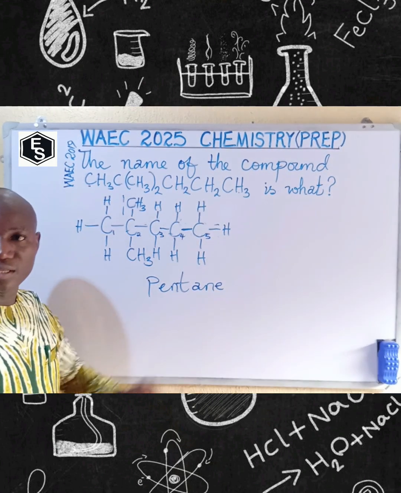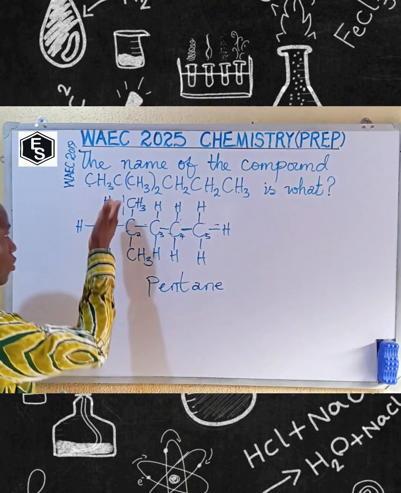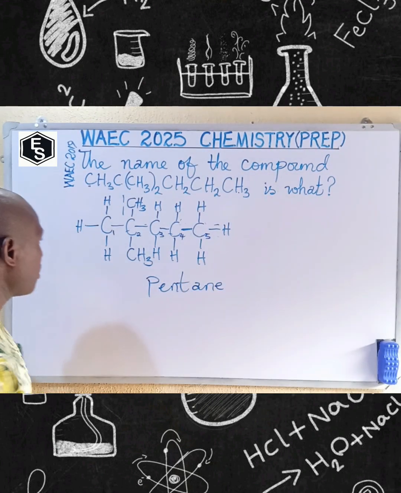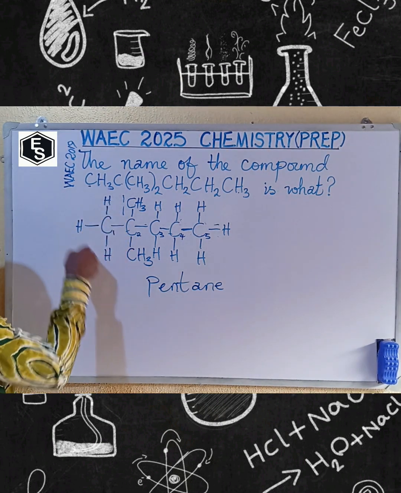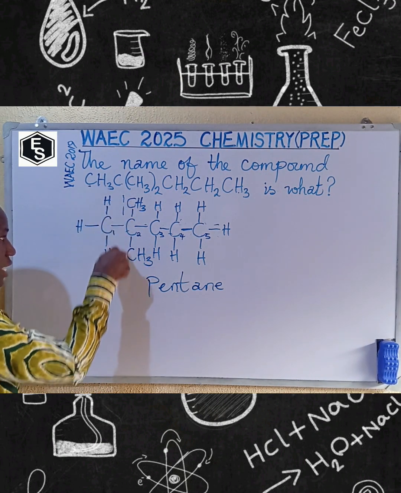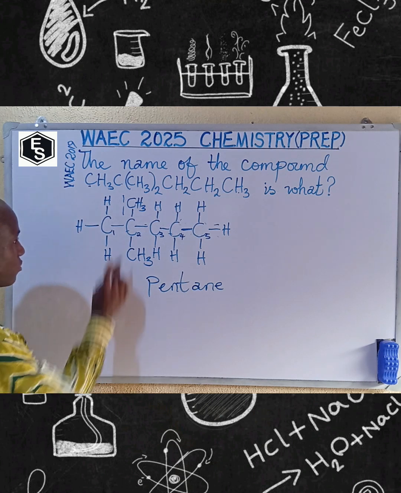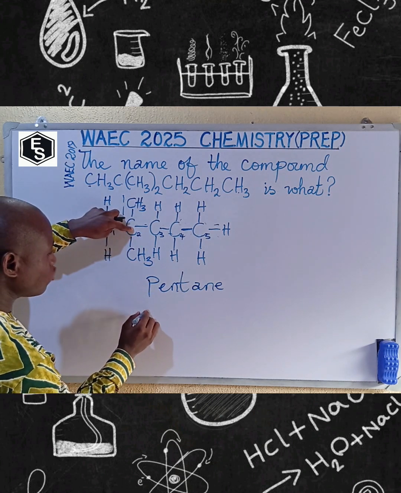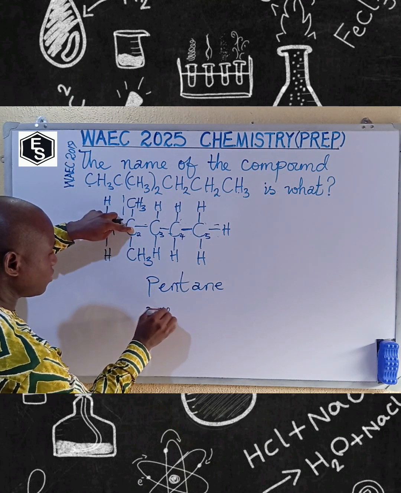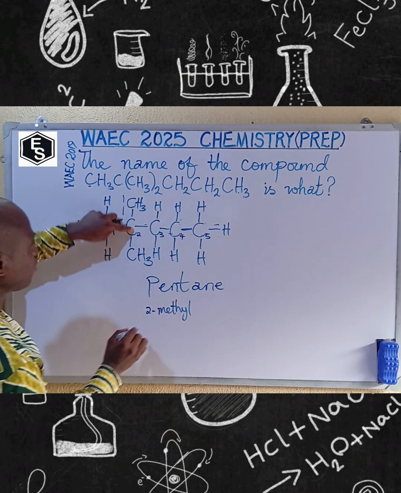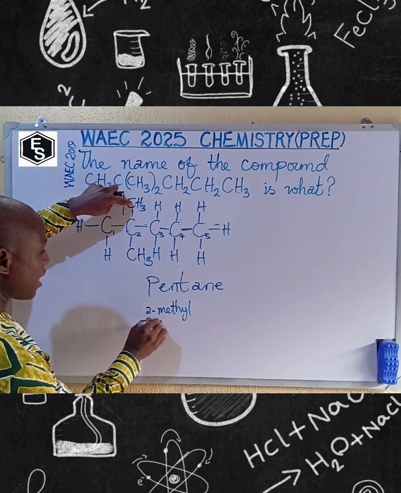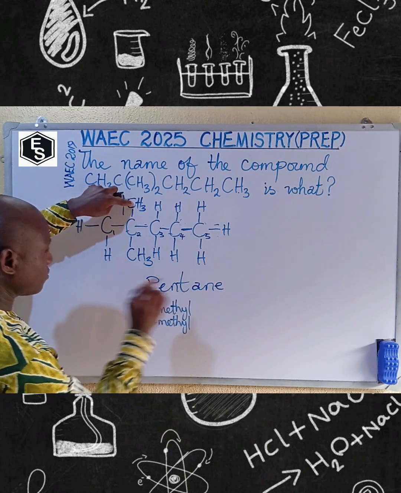This is now pentane. Then we look at the branch. At carbon 1, is there any branch? No branch. At carbon 2, is there any branch? Yes. We have the first one. At carbon 2, there is methyl, as well as another methyl at carbon 2.